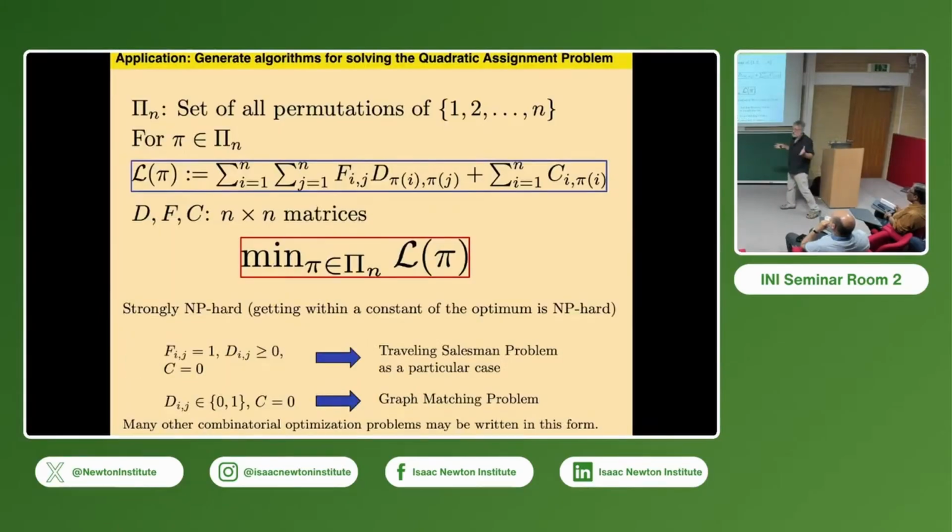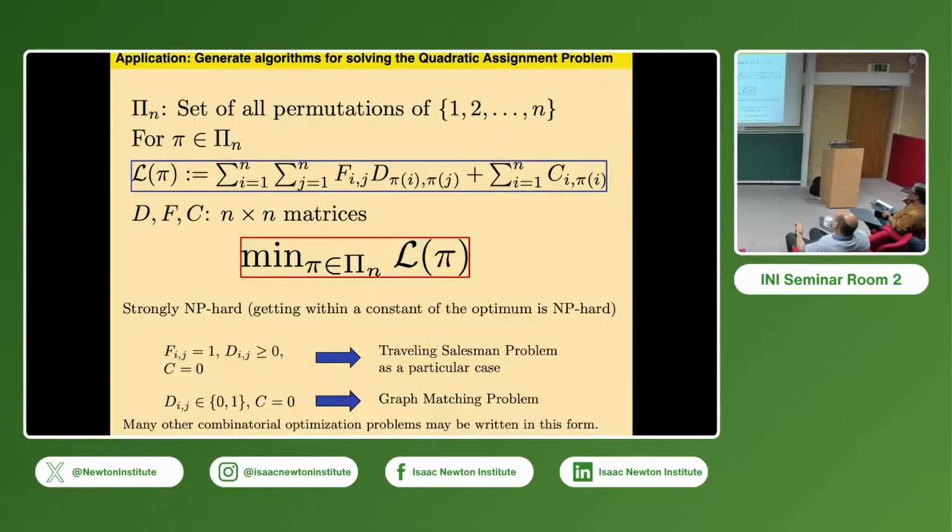Now, let me give you some examples of applications. In the first example, we are going to generate algorithms for solving the quadratic assignment problem, which is the problem of minimizing the following loss over the set of all permutations of 1 to n. This loss is defined by these three n by n matrices, D, F, and C. And again, we're trying to minimize this over the set of permutations of 1 to n.